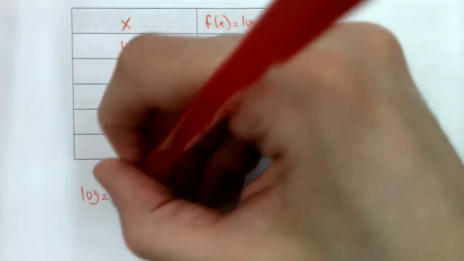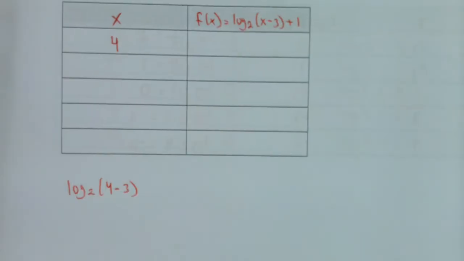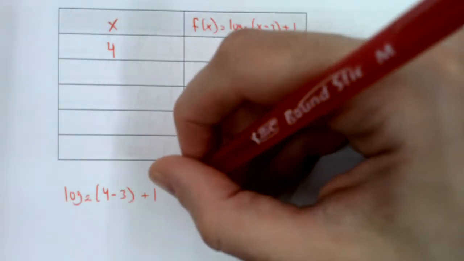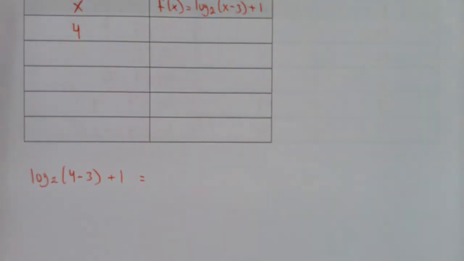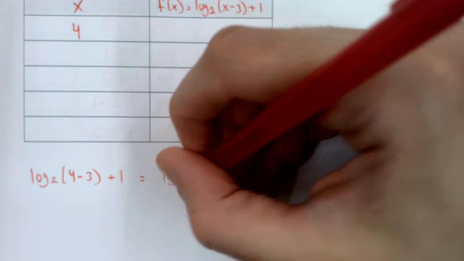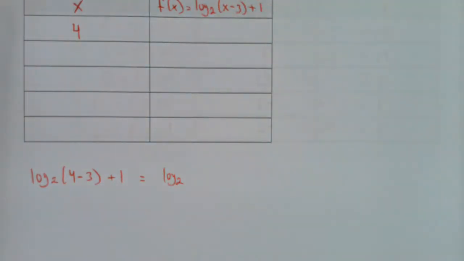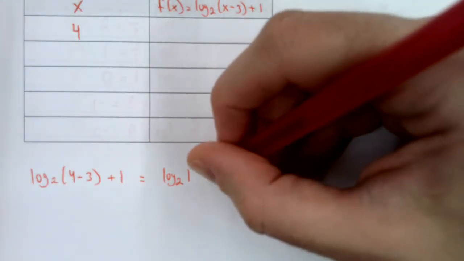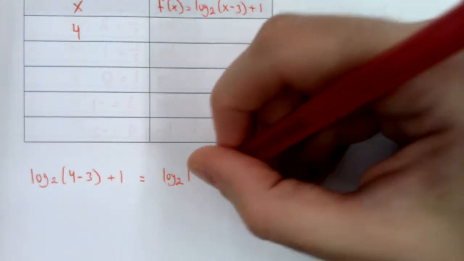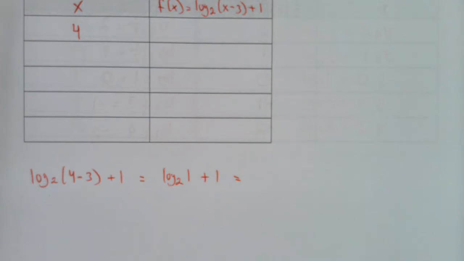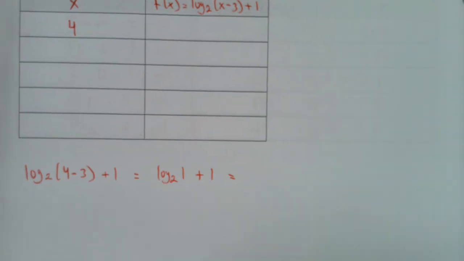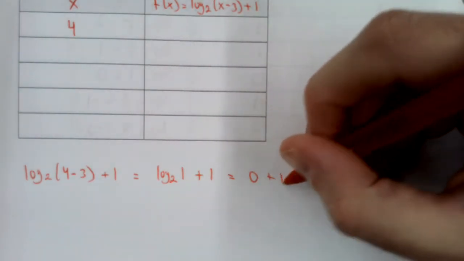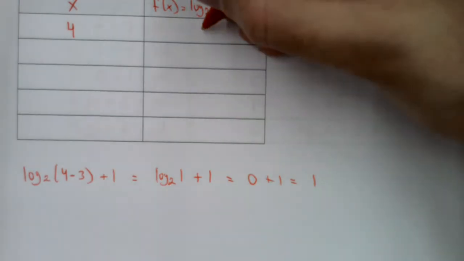Let me do that work down below. We have log base 2 of (4 minus 3) plus 1. That equals log base 2 of 1 plus 1. Two to what power equals 1? The answer is 0. So 0 plus 1 equals 1.